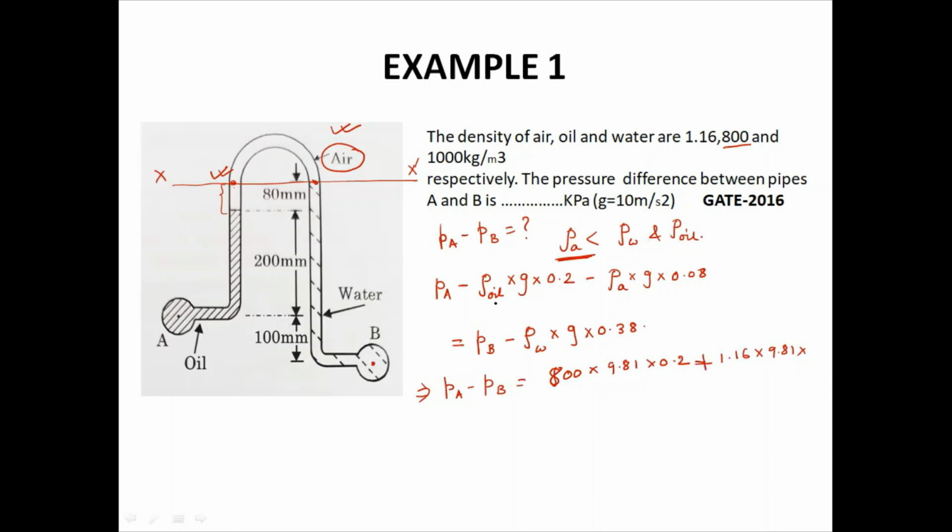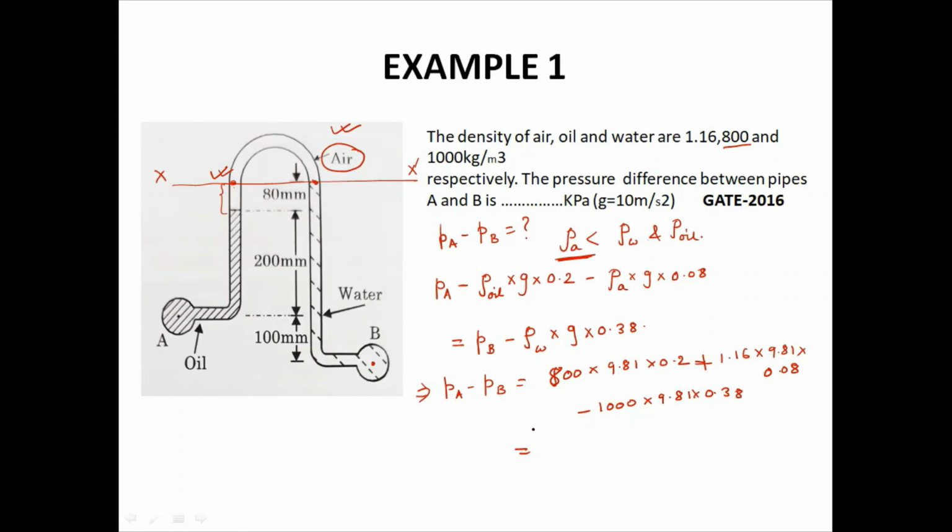These are minus, so whenever we take them to the right hand side, it will come as a plus. So this way, if you calculate these things, your answer will come clearly.